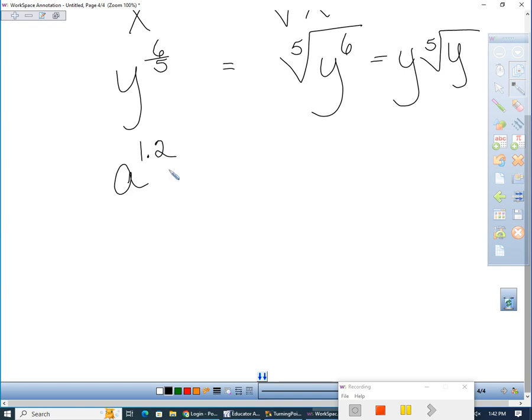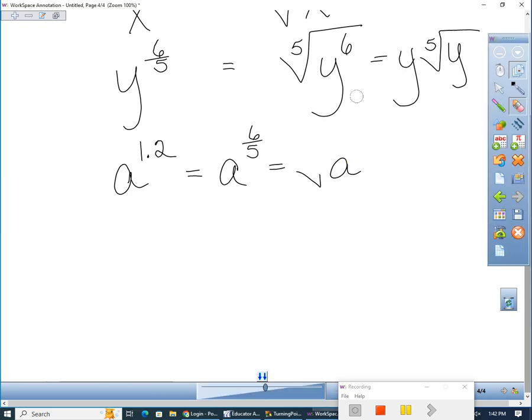What actual fraction is 1.2? It is 6/5. That is a to the 6/5. So this is a to the 6th power inside a 5th root, which does simplify to a times the 5th root of a.